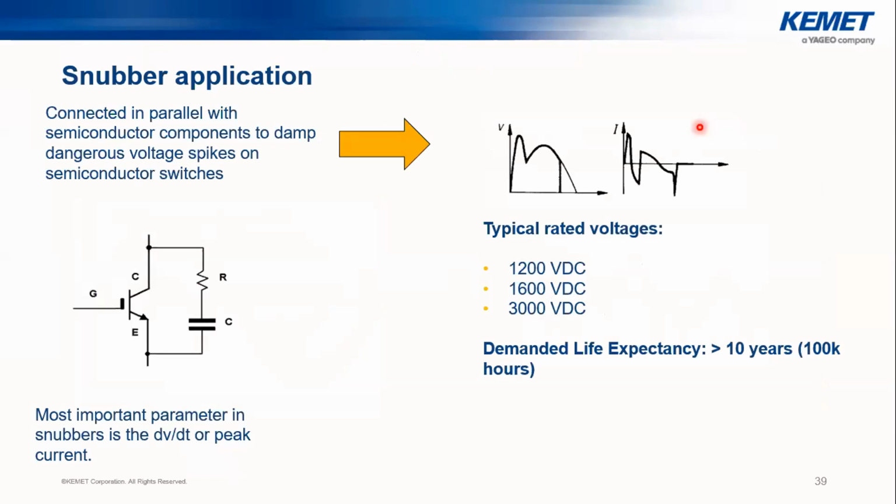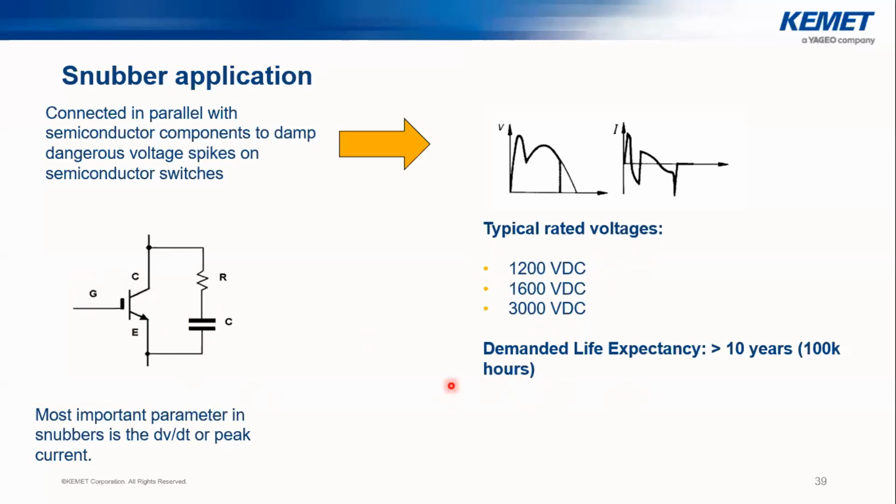Another application that uses quite high voltage parts is the snubber application that you have already seen in other sessions. The typical rated voltages are 1,200 volt to 3,000 volt DC, and it demands quite a high life expectancy. It is a capacitor connected in parallel to the IGBTs, the semiconductors, to damp the dangerous voltage spikes.